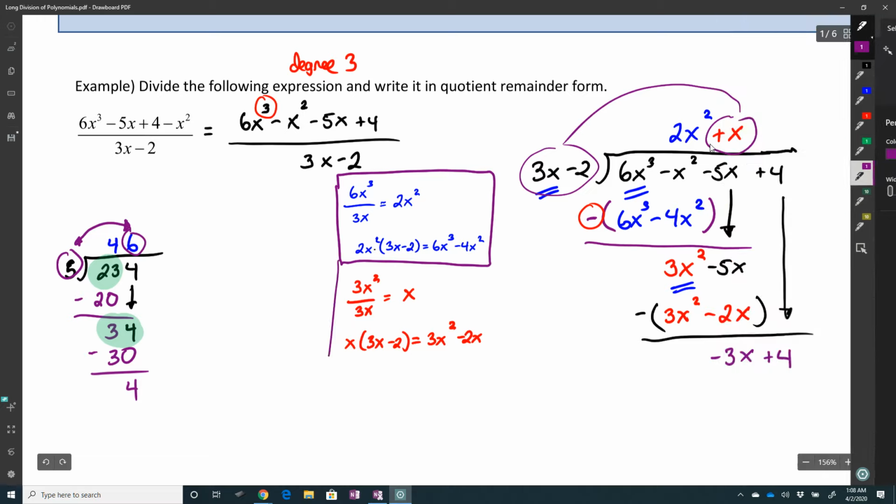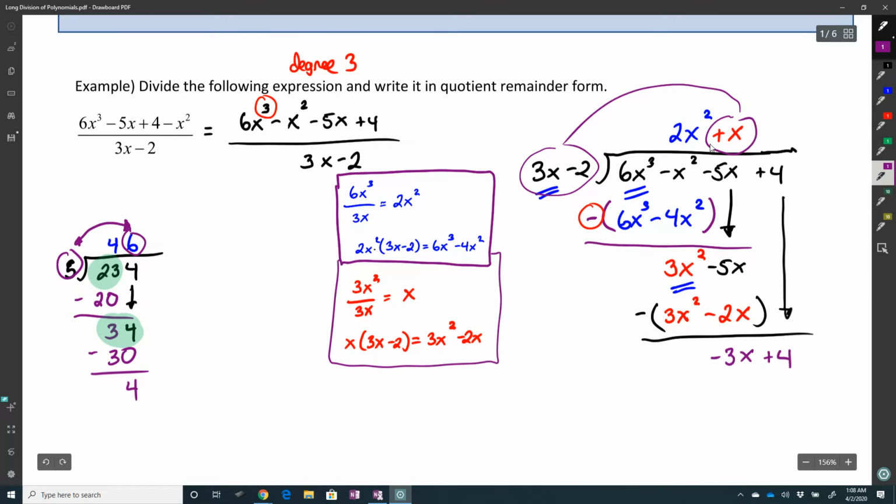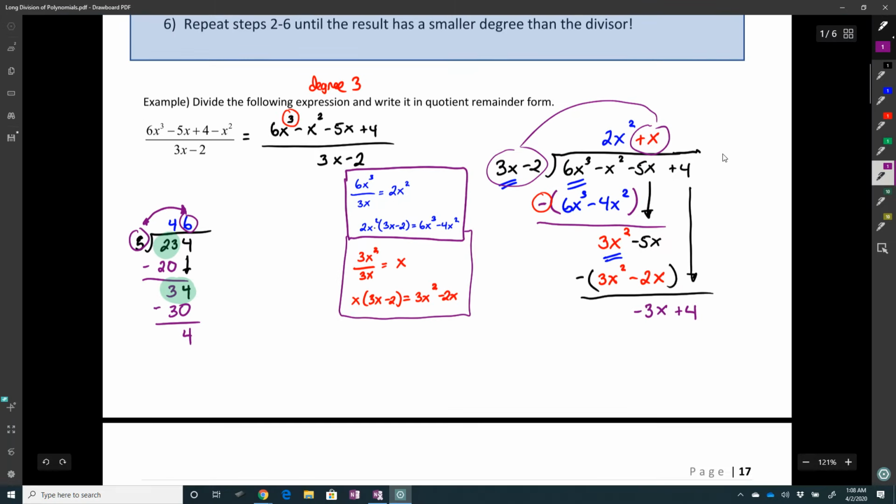I figured I better give you an example that was a little tough so that you'd be ready for it. So we start by dividing the leading terms one more time. That's just 1. I put the 1 up top. I multiply the 1 that I just put times the outside.